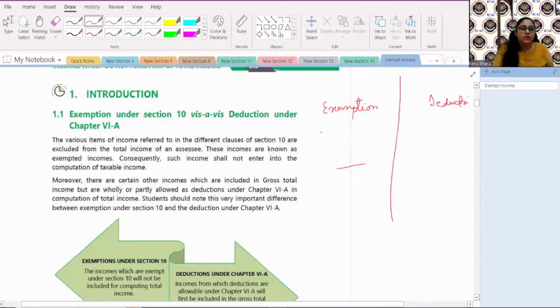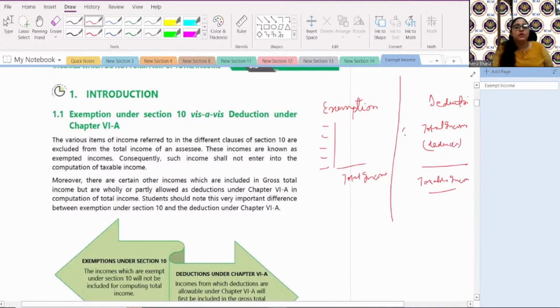Remember, I told you the incomes are computed by 1 head, 2 head, 3 head, 4 head, and 5 heads. We have 5 heads of income. Unka sum becomes my total income. And then there are certain deductions from the total income. So first I have to compute the total income, then I get deductions, and then I get my taxable income.